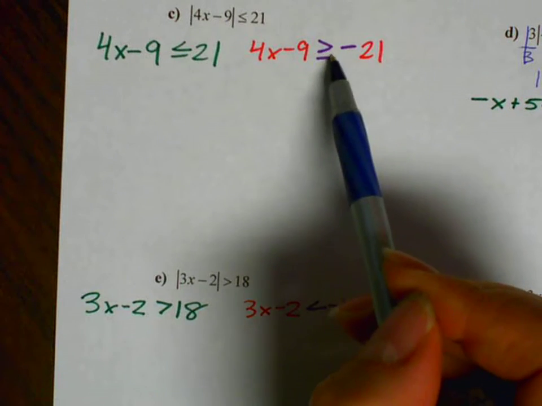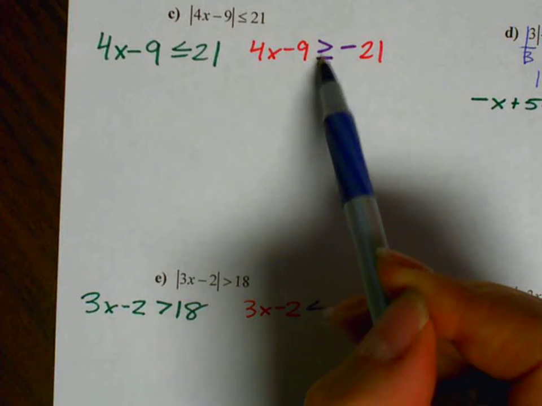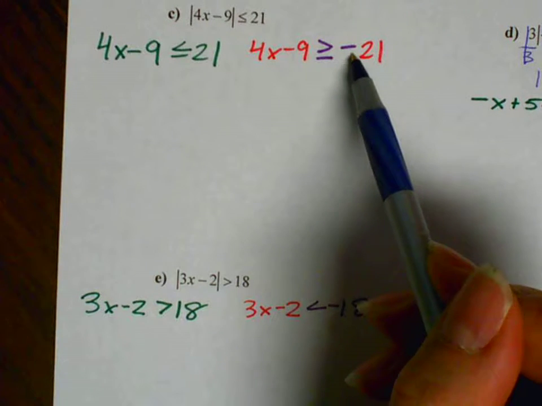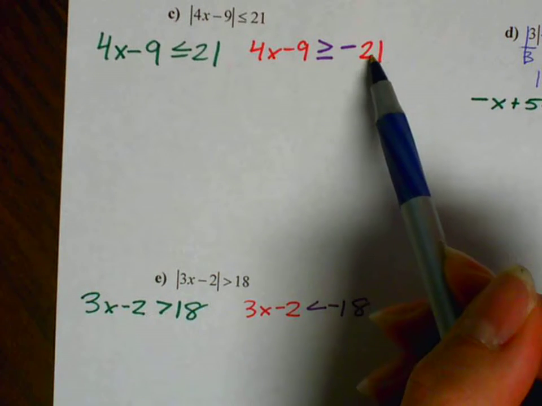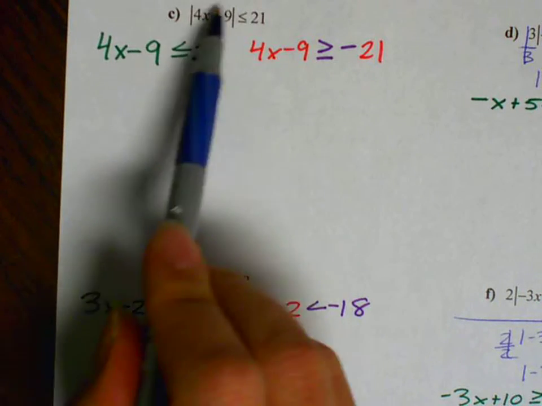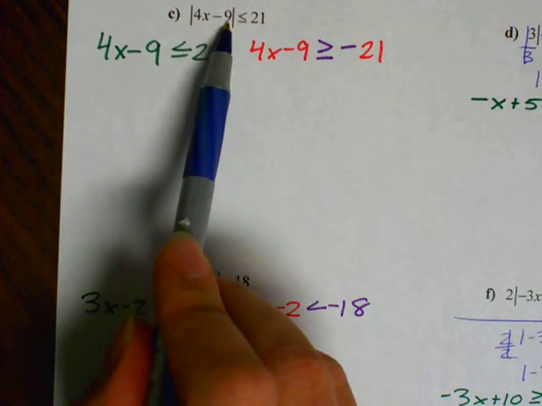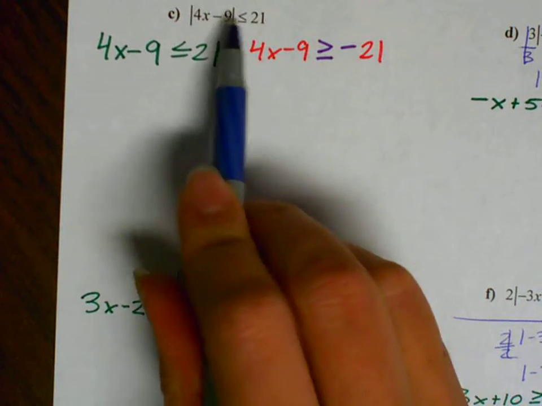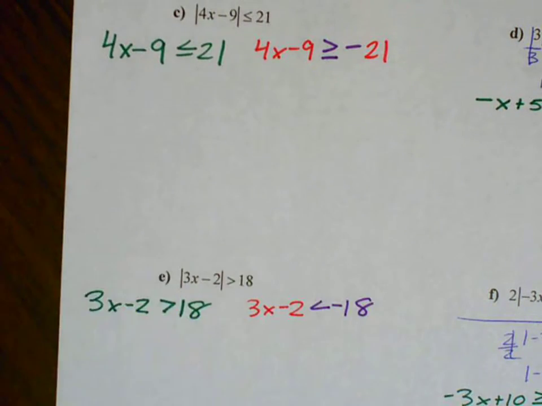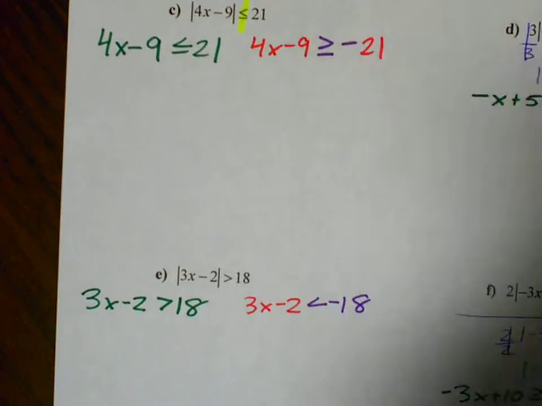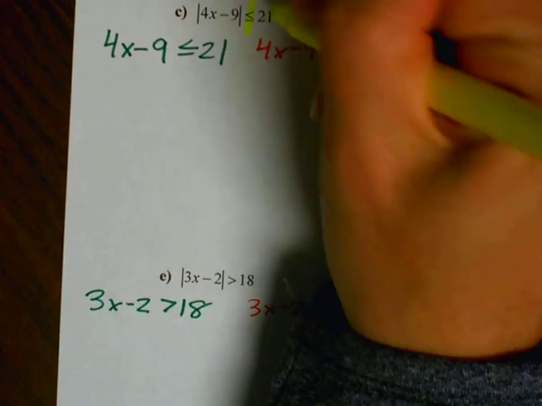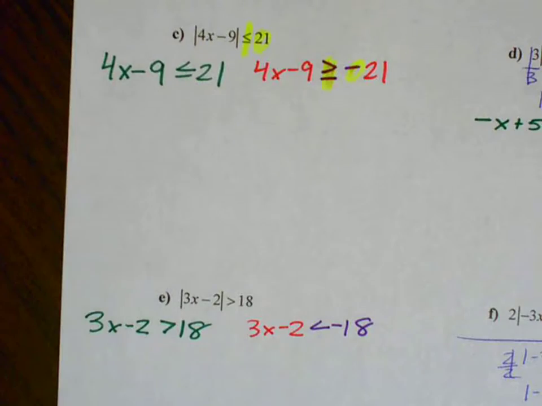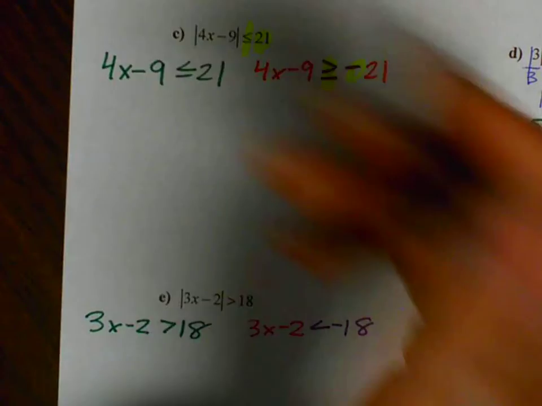The second one, we are going to flip the inequality sign and change the sign of what's on the right. So again, this one in green, all I did was take out the absolute value sign. This one here, I took out the absolute value sign and then I swapped this and I changed the sign of this. So now I have two equations to solve.